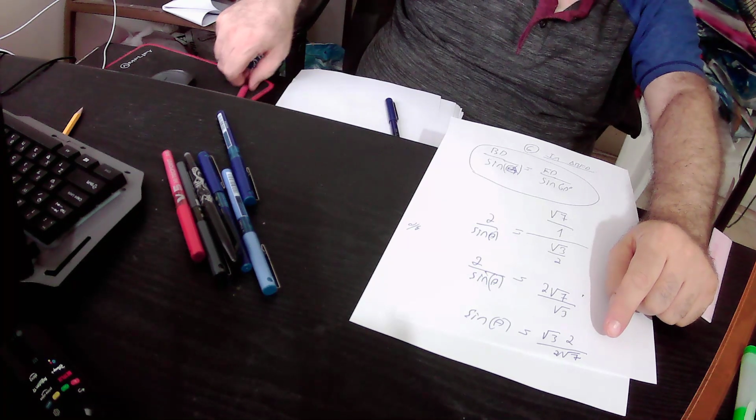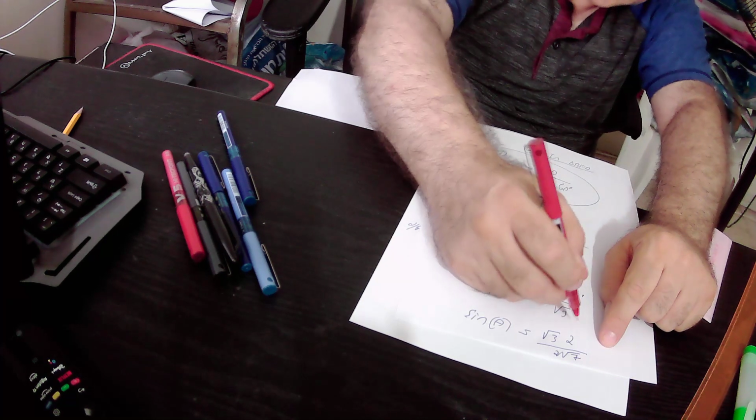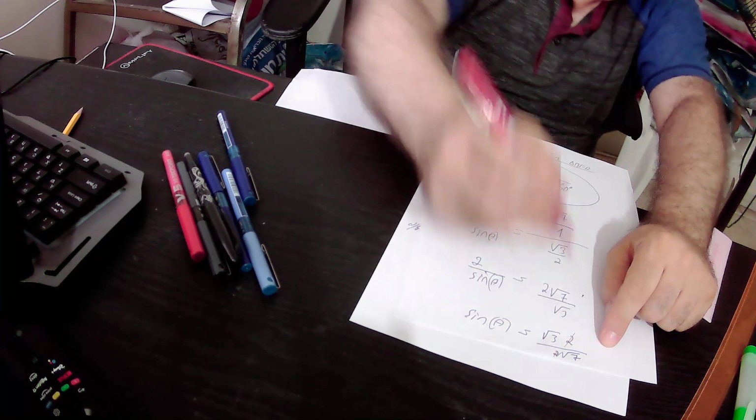Here we have 2 in the numerator and in the denominator, so we can cancel 2.